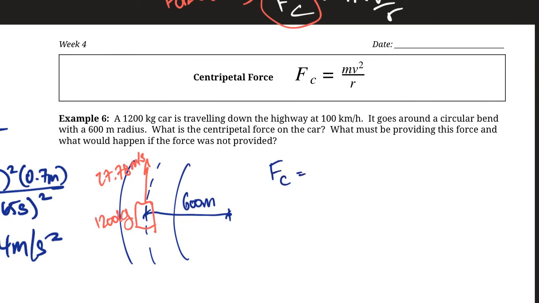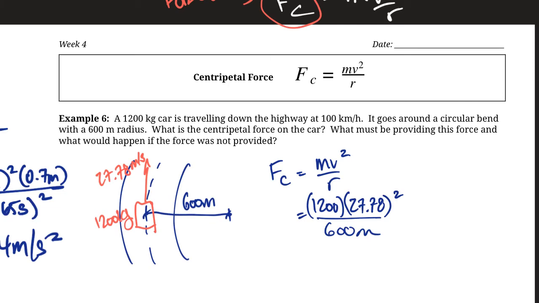So it's just mv squared over r, where the mass is 1,200 kilograms, v is 27.78, squared, all over the radius, which is 600 meters. By the way, if we do a little bit of unit analysis here, we should see that this is in kilograms, so it's going to be kilograms times meters per second squared all over meters.